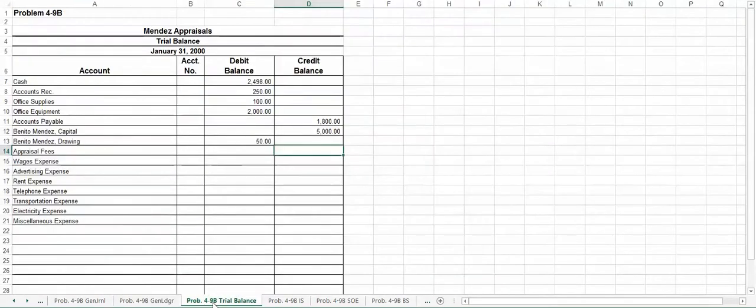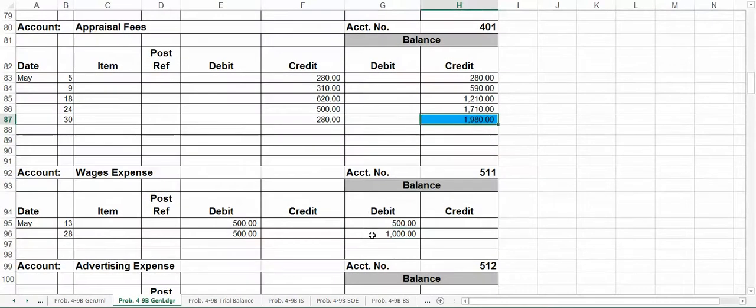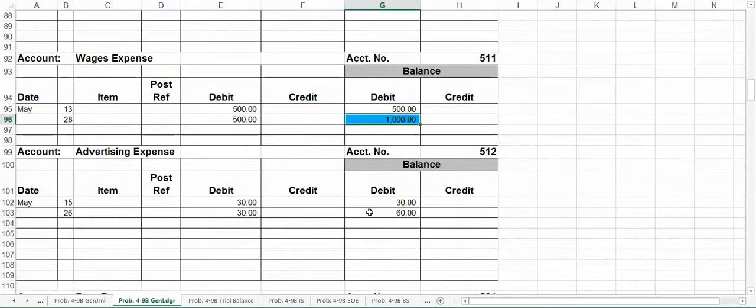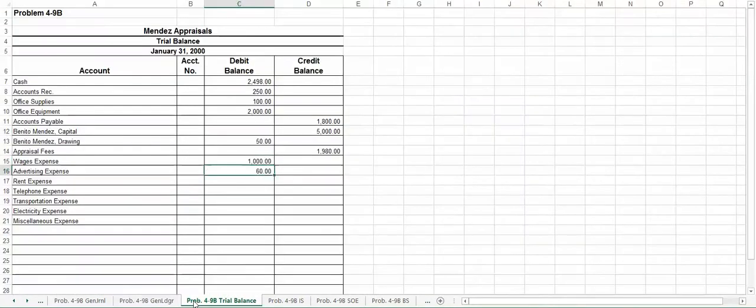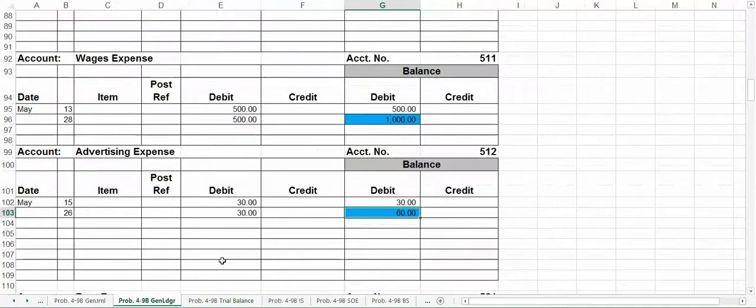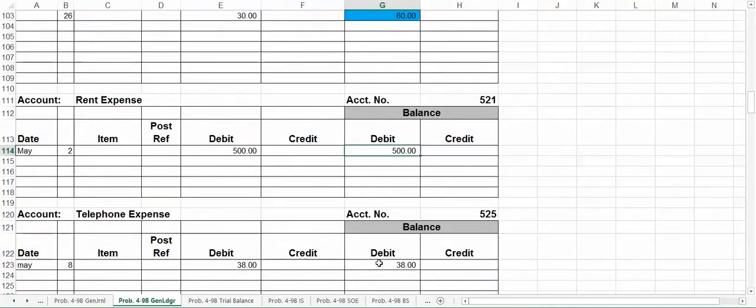We are getting close. And then everything else is going to be a debit because they're all expenses. So we have 1,000, and then we have 60. Our rent expense is 500, so we have 500, then 38.